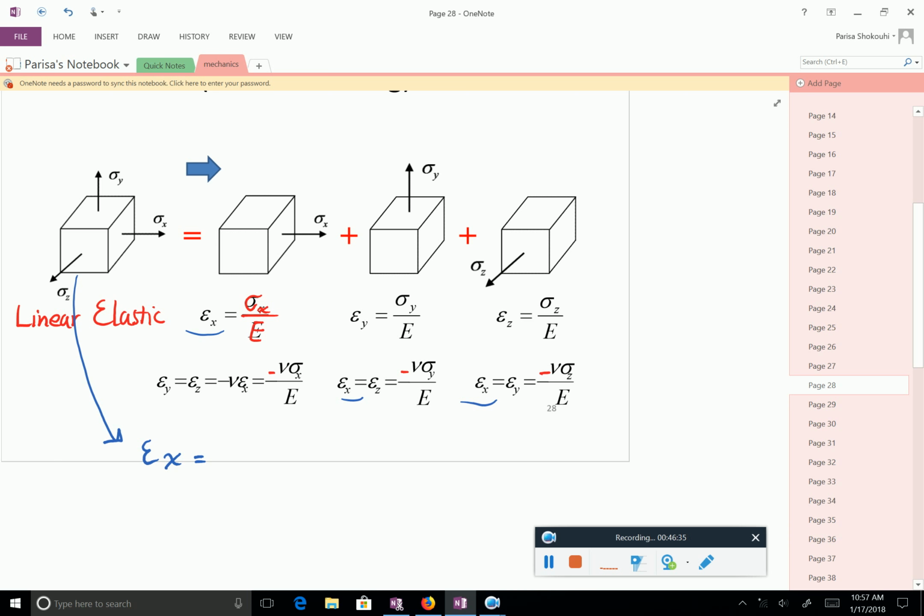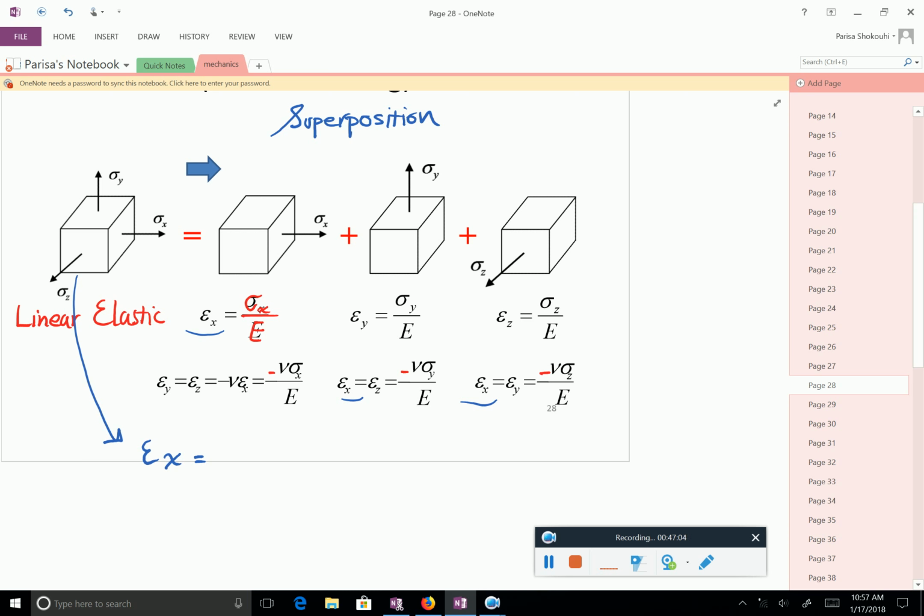This is called superposition. It's only possible if we have a linear elastic material. So let me write it down. Superposition. The linearity of the material allows us to say this stress state is equal to a superposition of this plus that plus that.